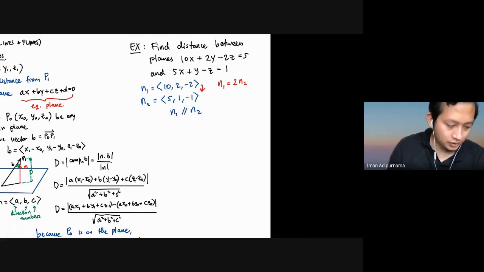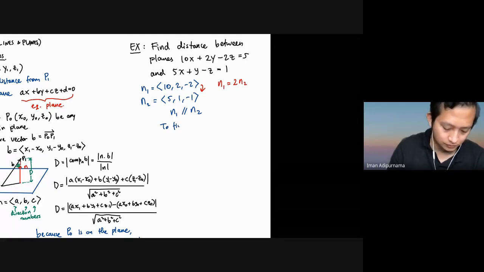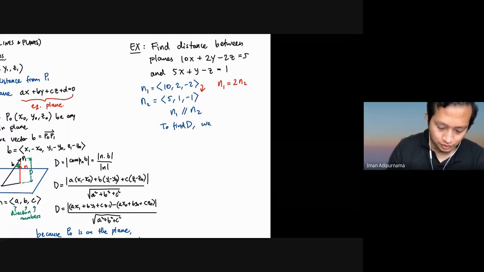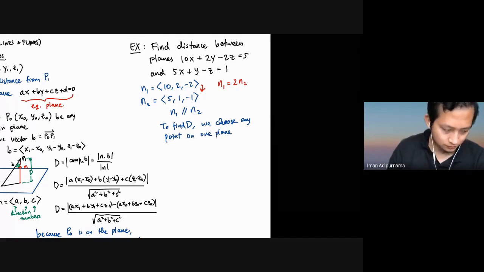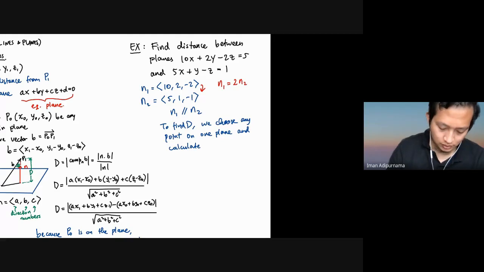So to find the distance, we choose any point on one plane and calculate its distance to the other plane.